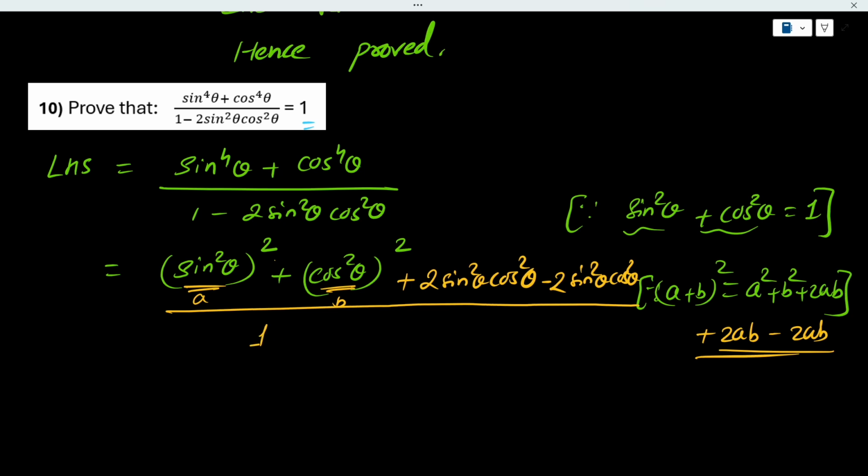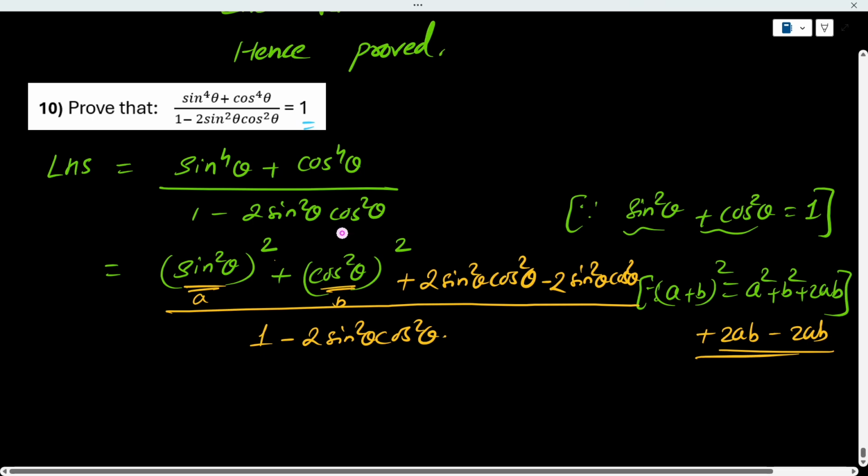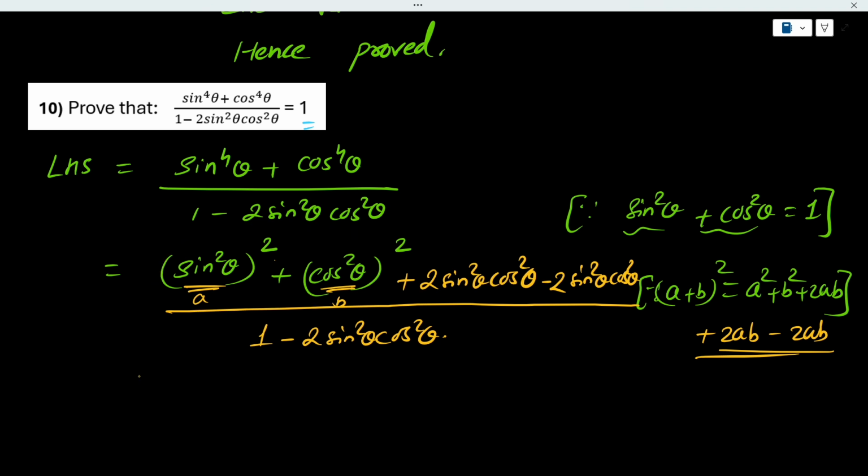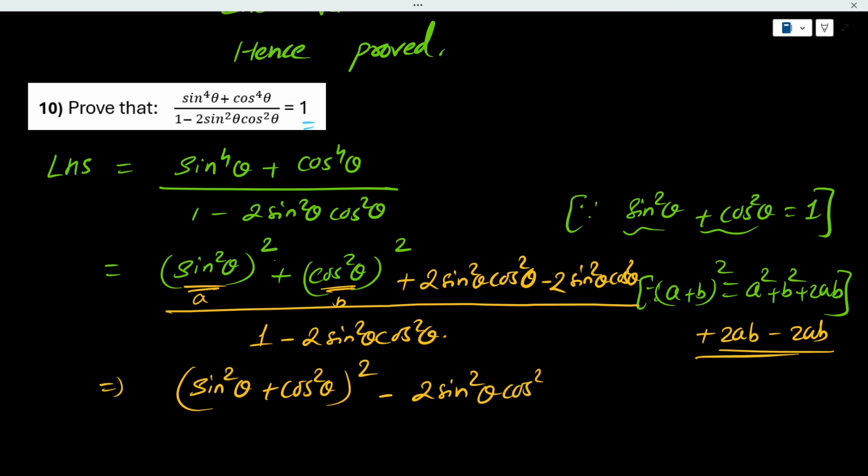Now write the denominator as it is. Now the first three terms, if you see, this is nothing but in the form of a plus b whole square, right? a plus b whole square is a square plus b square plus 2ab. So sine square theta plus cos square theta whole square, and the last term will be as it is, minus 2 sine square theta cos square theta.